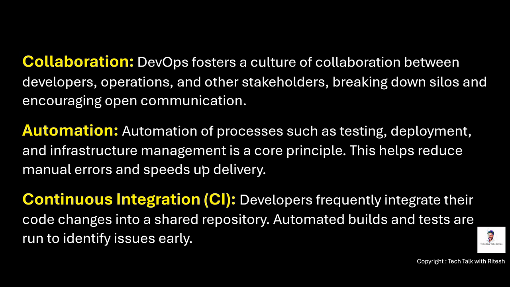Automation of processes such as testing, deployment and infrastructure management is a core principle. This helps reduce manual error and speed up delivery. I mean, nowadays this automation, whether it's testing automation or deployment automation, is a must for anything.